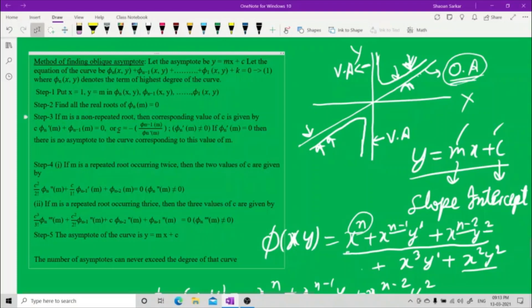And then in order to find c, suppose it is of order 4, you write the third degree and then the derivative of the fourth. Then you find this c. If this becomes 0, then there is no asymptote. From here you will get the roots, the m values.